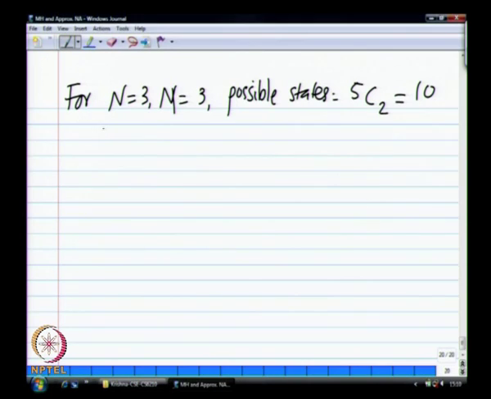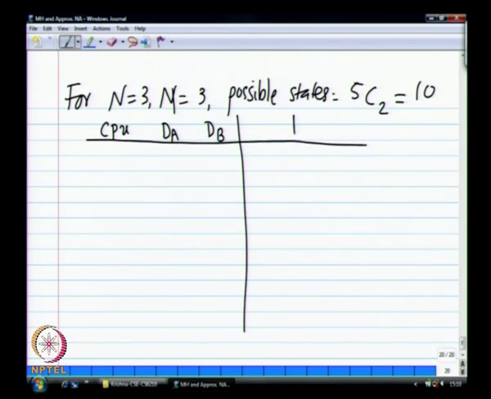So this is the number of items in the CPU, number of items in disk A, number of items in disk B. And the yi's we already know.